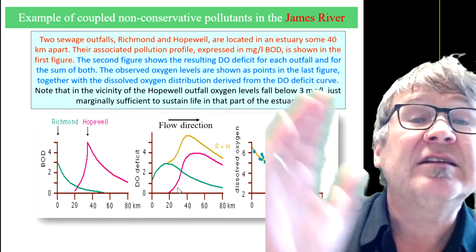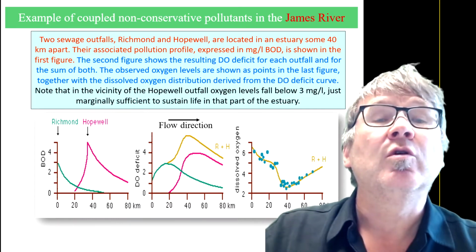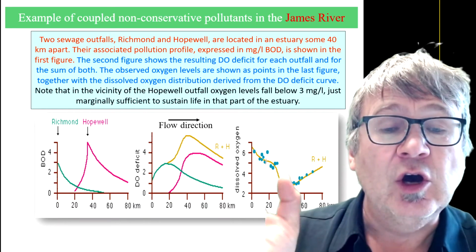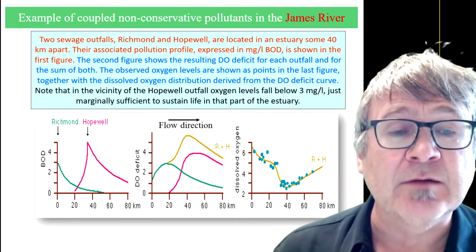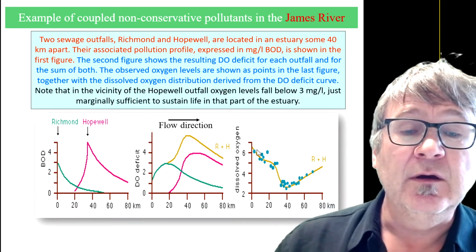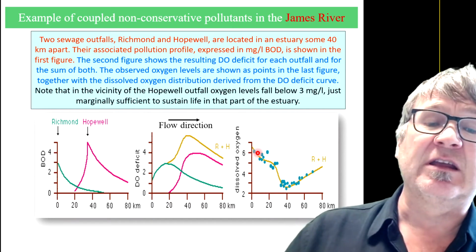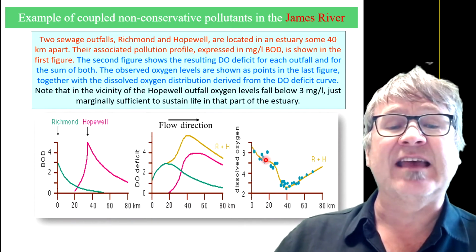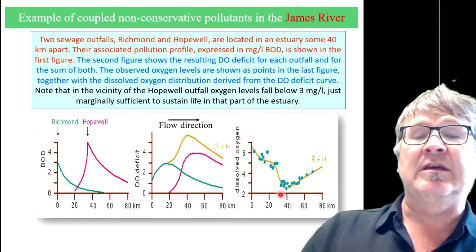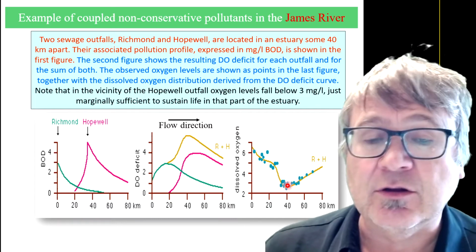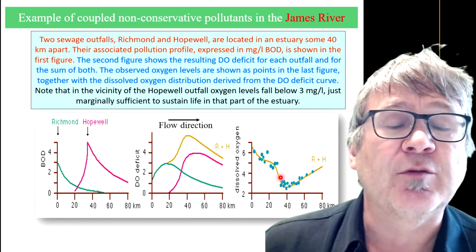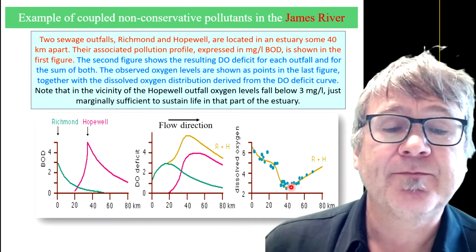So now on the right side, I show you observations of dissolved oxygen in milligrams per liter. And you can see there are sufficiently high levels in most regions except for close to the 40-kilometer location where the levels drop to critically low levels.